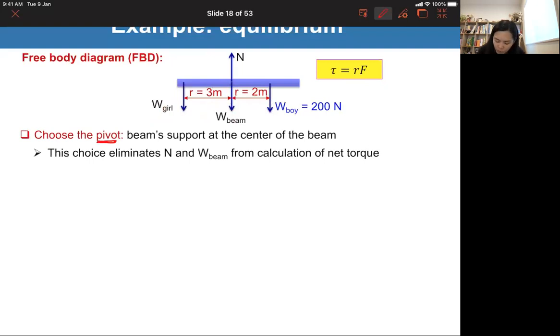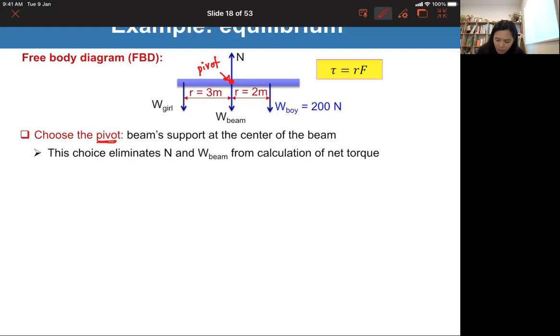In this particular example, it was already given that the beam will rotate about the support, so it's implied in the question that the pivot point is where you are supporting the beam, because the beam will rotate relative to that support, which is the pivot point.